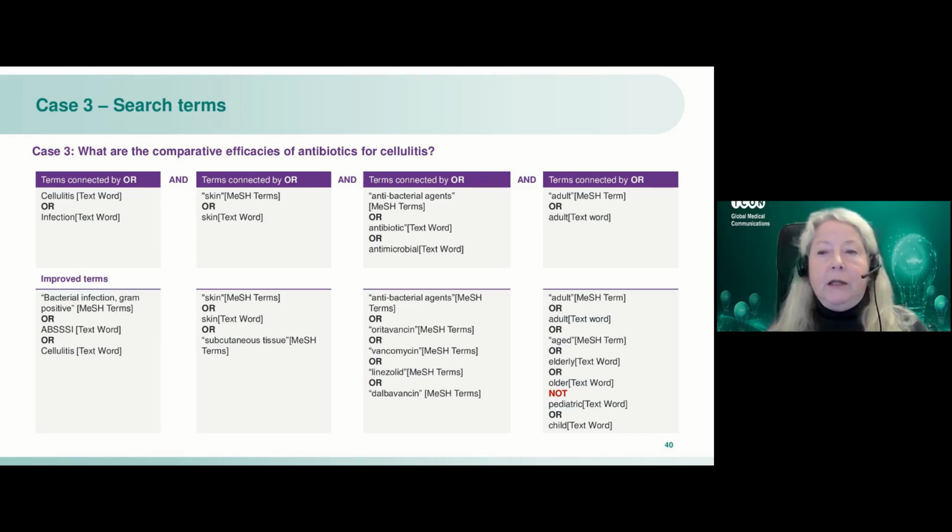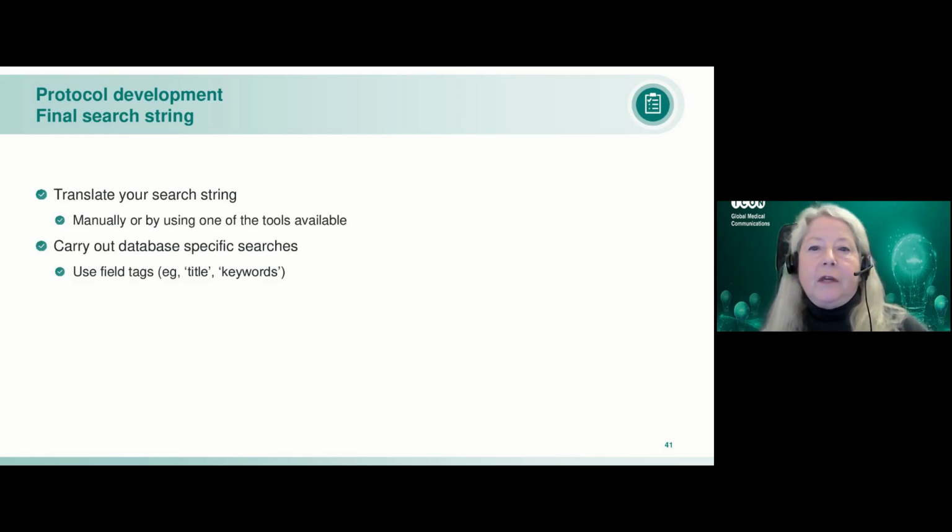You may be pulling in a lot of inappropriate publications that you really don't want to look at any further. And you really need to ensure that the key papers that you discovered at the very outset are being picked up. If necessary, then you need to adjust the search terms and retest.